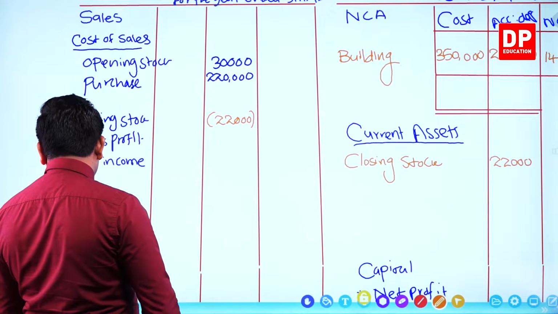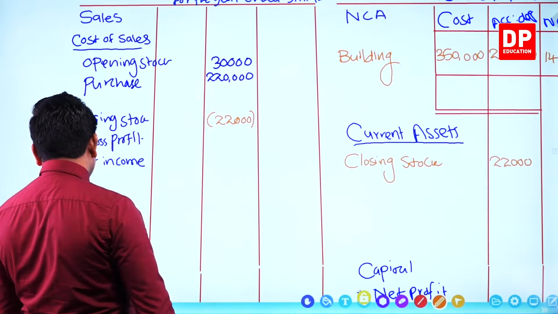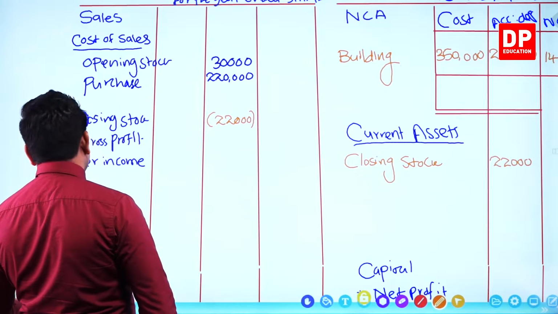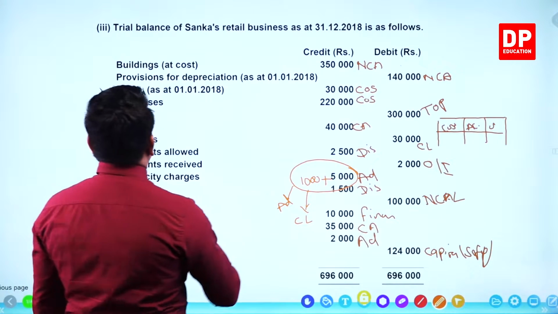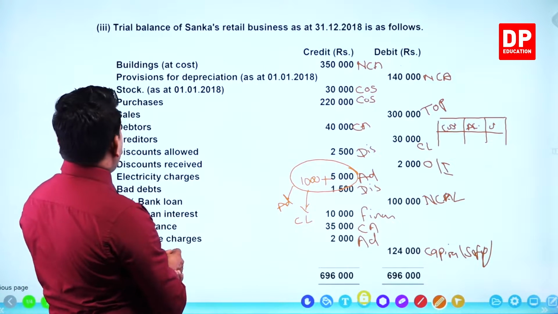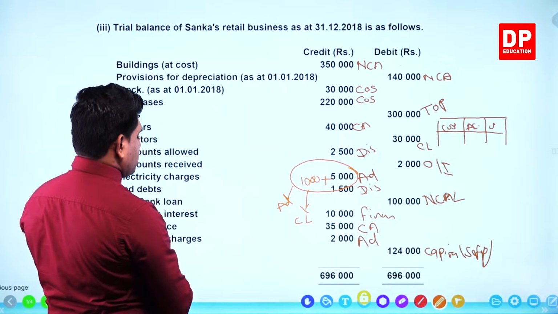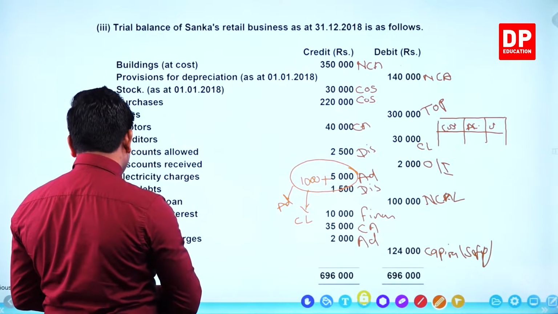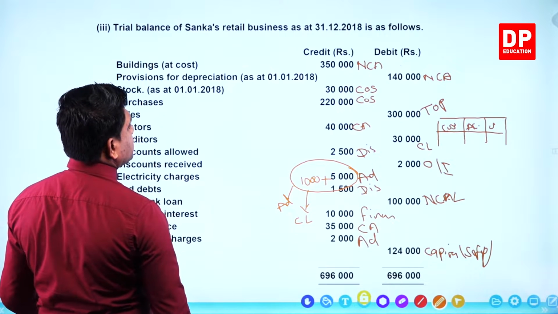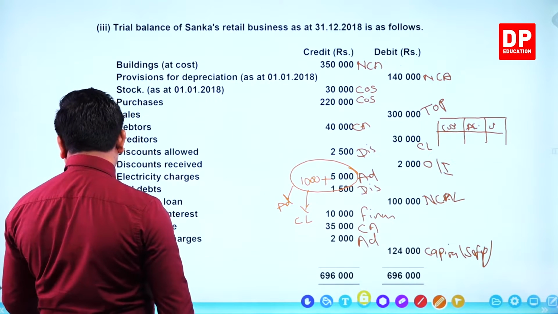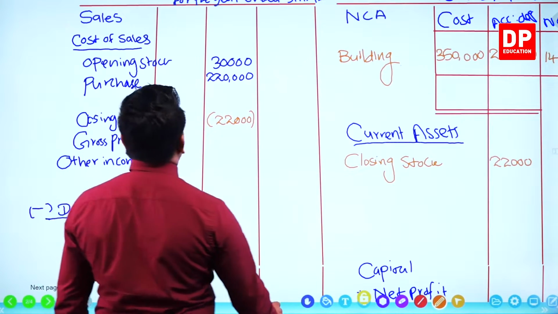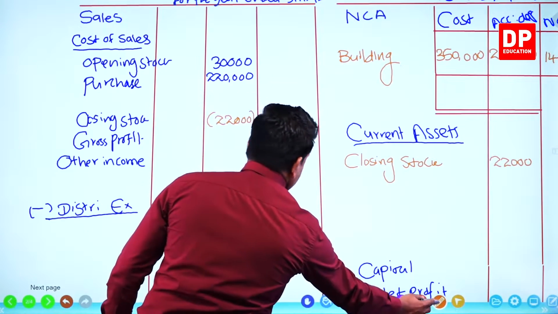Now, sales 300,000, debtors 40,000. Sales 300,000, right?